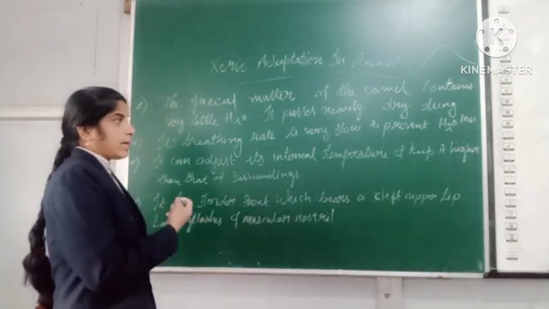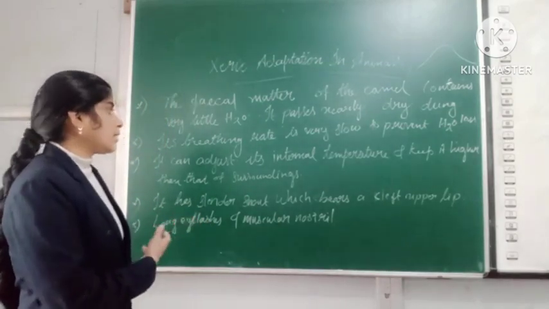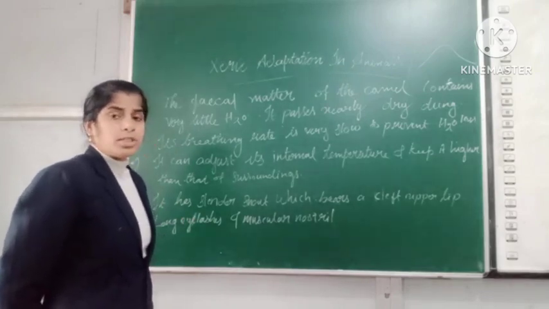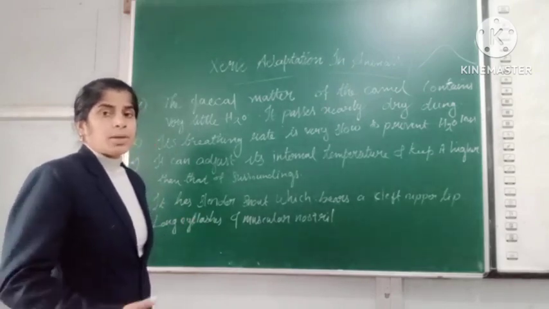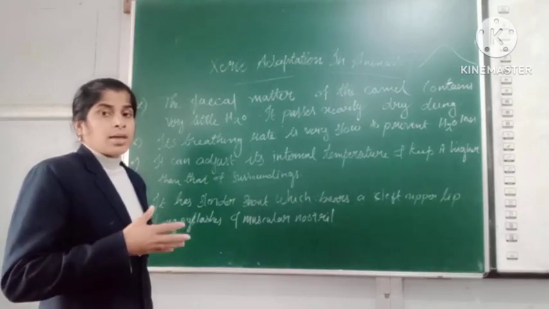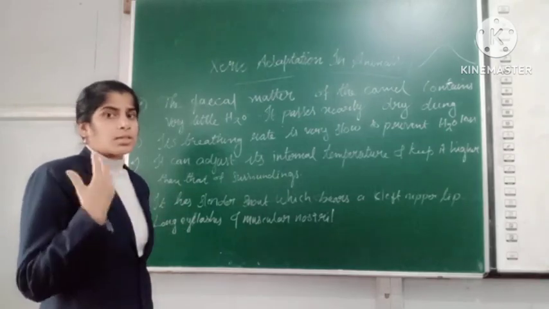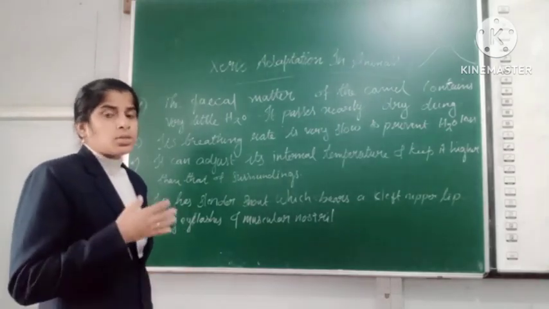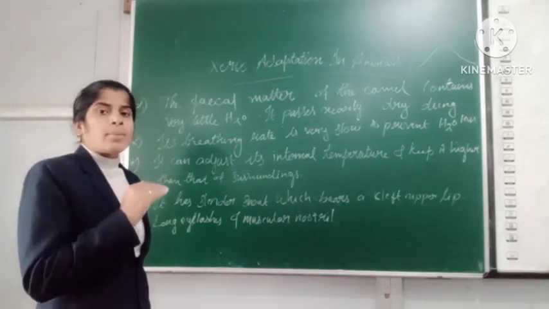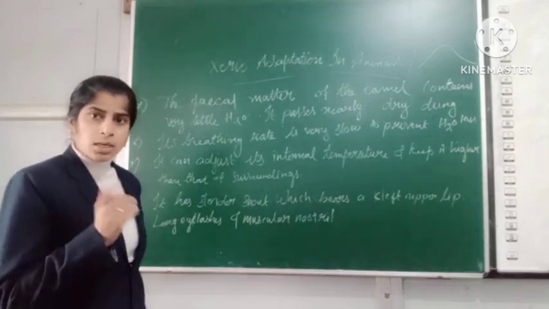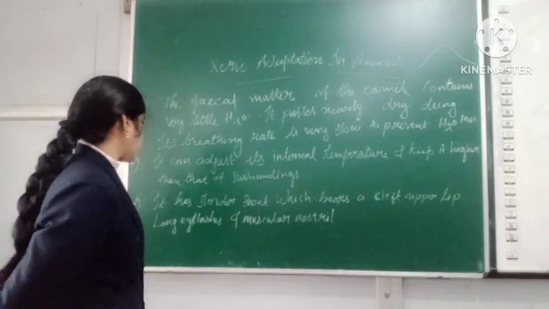It keeps it higher than its surroundings. Sometimes the body temperature becomes higher than the surroundings. So this is one adaptation of our camel: it can adjust the body temperature depending upon the climate conditions.